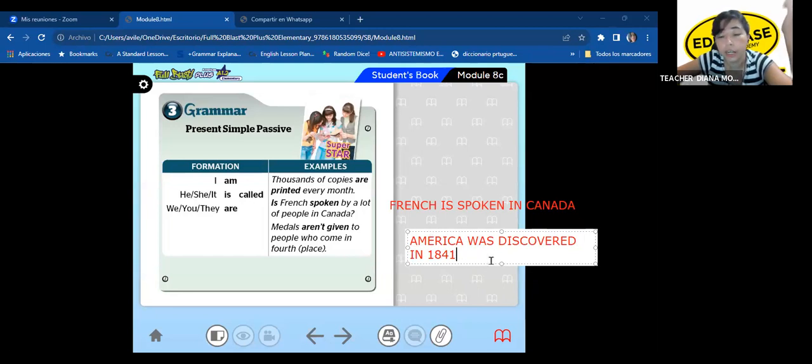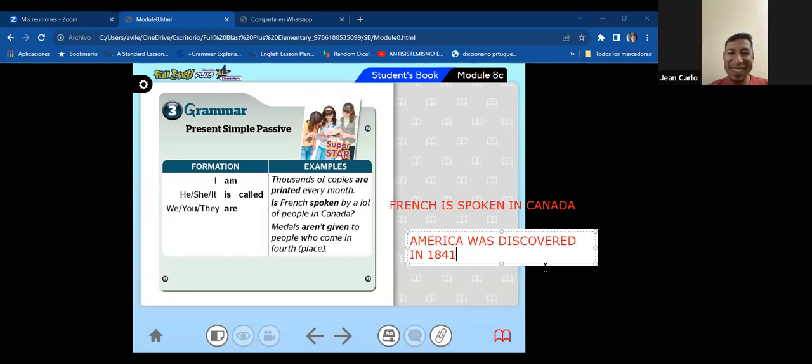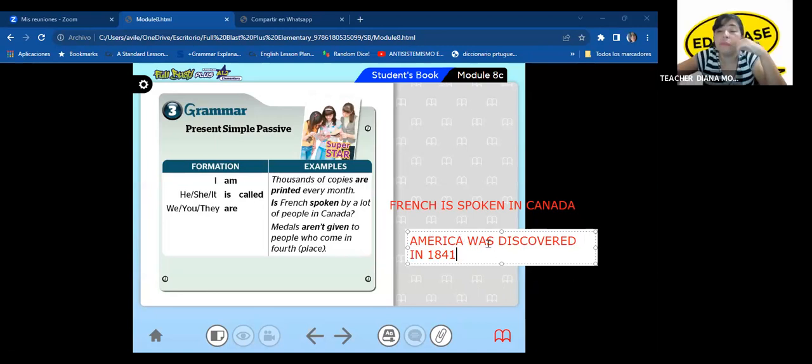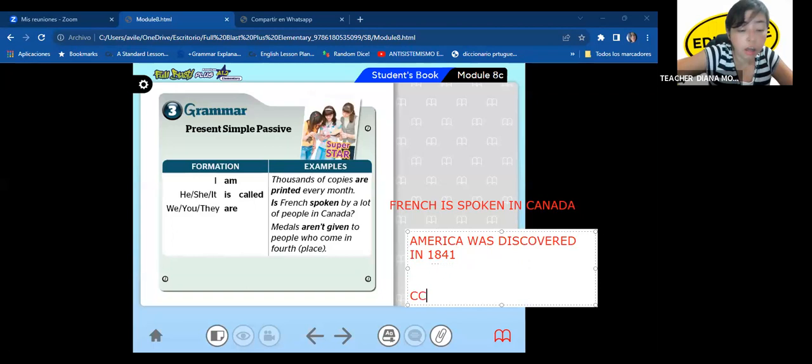1841. Giancarlo says. Okay. But the point here is that the action is the important part, not that Cristobal Colon or Christopher Columbus did it. I don't care who did it. I just need the action. It's different if we say Christopher Columbus discovered America.